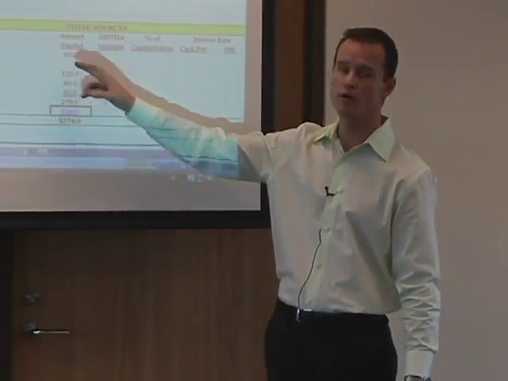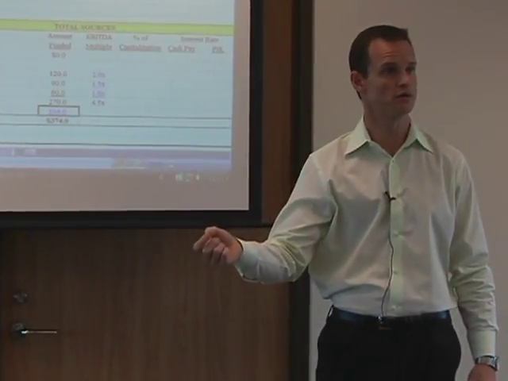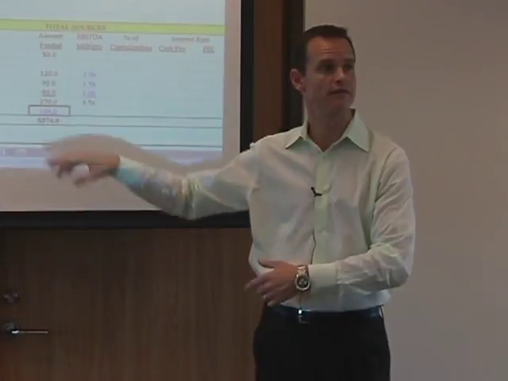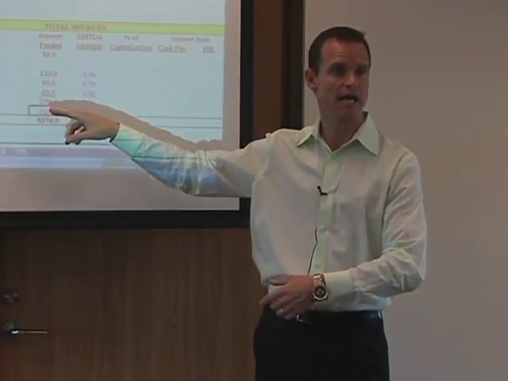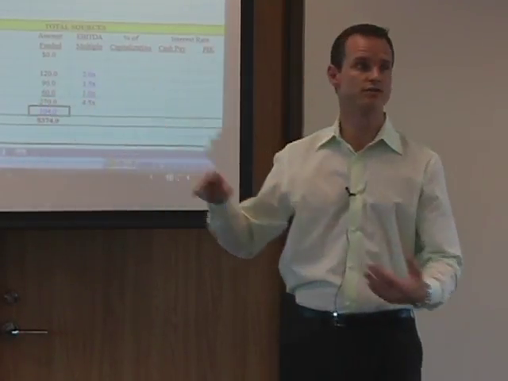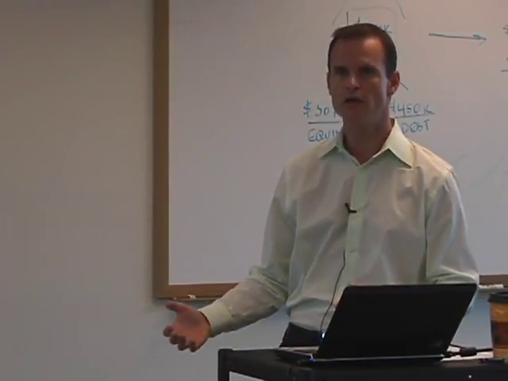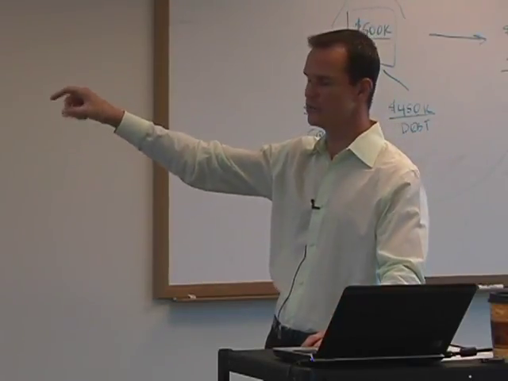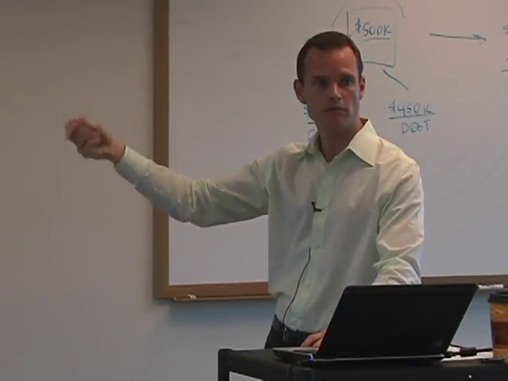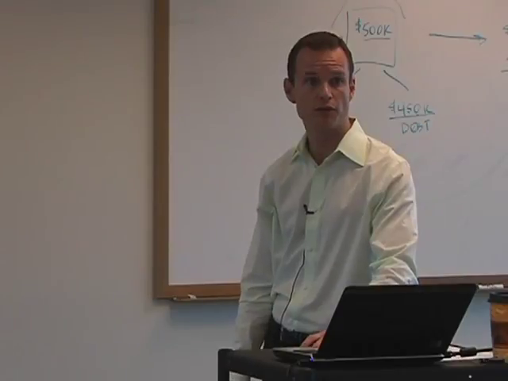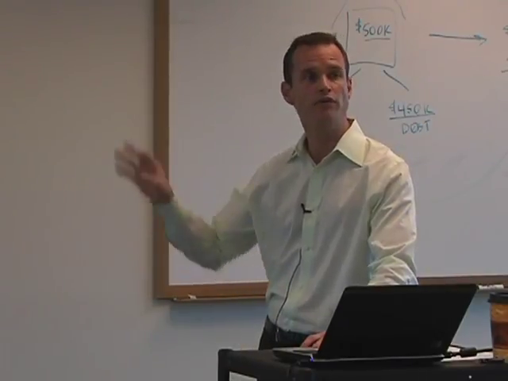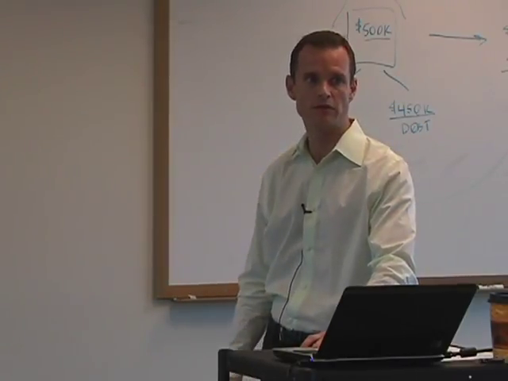Remember, we've got the revolver set up to pick up any shortfalls. We could also set it up to have any shortfalls get picked up by equity. That is, if our lenders come back and say, instead of $270 million, we're only going to give you $240 million, then our equity would automatically pick up that extra $30 million. So you can do it either way. We've just had the shortfall get picked up in the revolver.